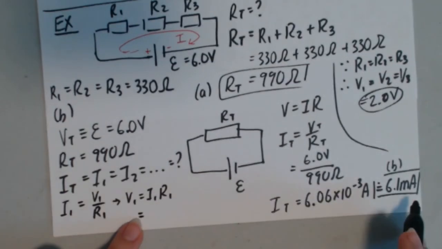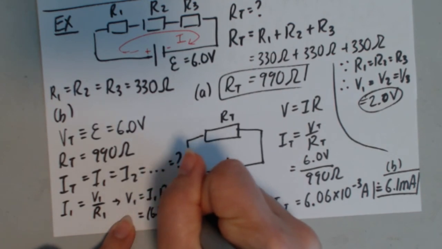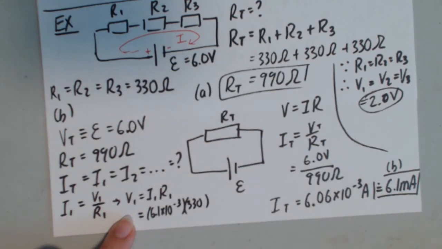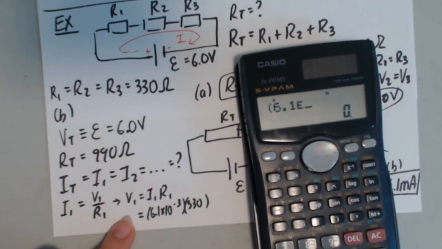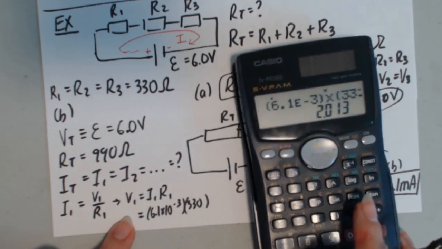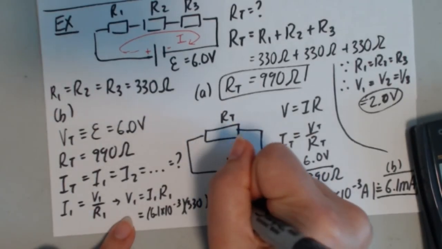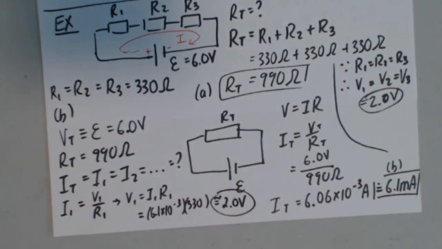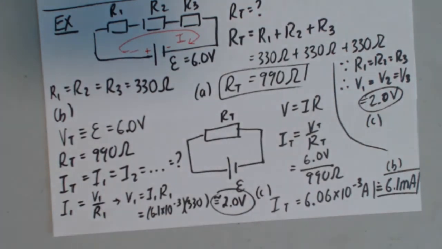I know that I1 is the same thing as this, so 6.1 times 10 to the minus 3. What's the resistance? It's 330 ohms. So if we do that, 6.1 times 10 to the minus 3 times 330, we get 2.013. So that's approximately 2 volts. So same answer. Okay, and there's the answer to part C. So whether you're looking at that or you're looking at that.